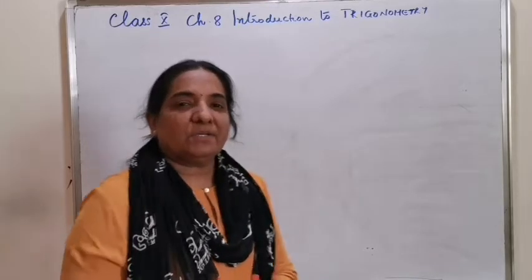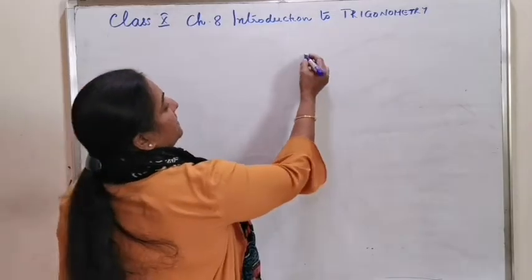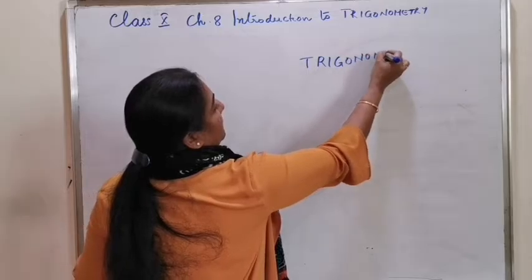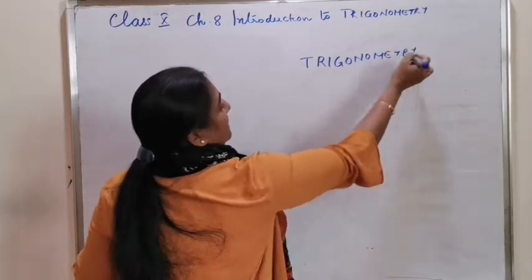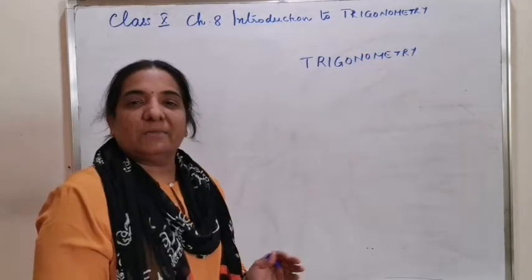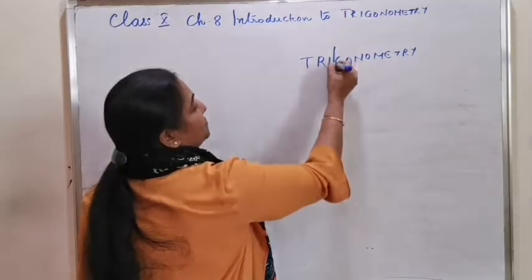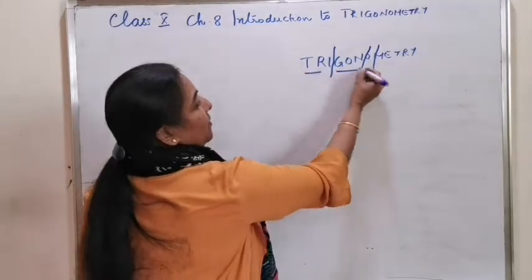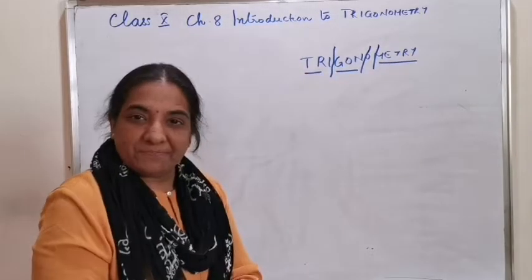Now, what is the word trigonometry deals with? Divide this word into three parts as tri, gon and metry.